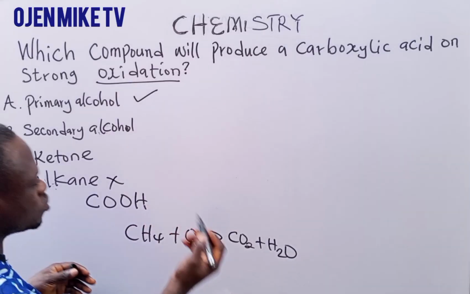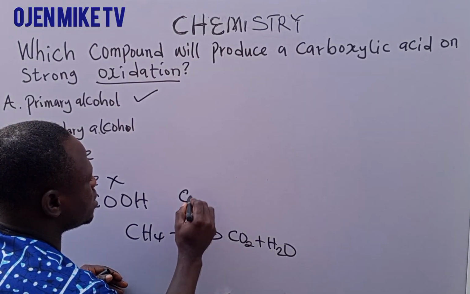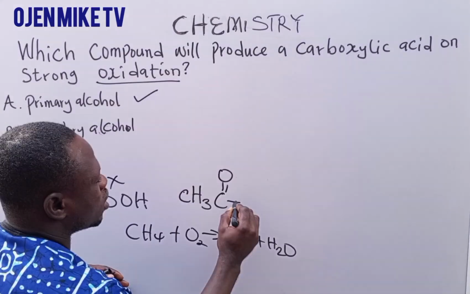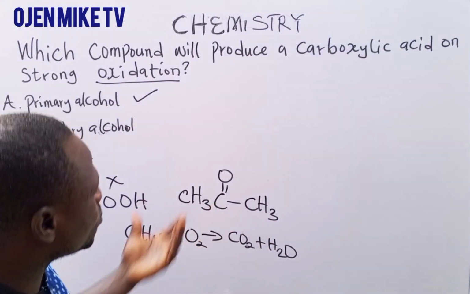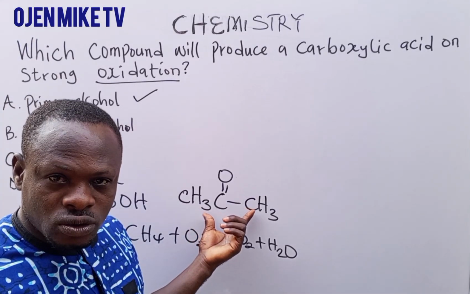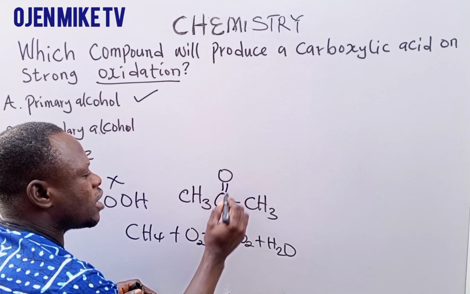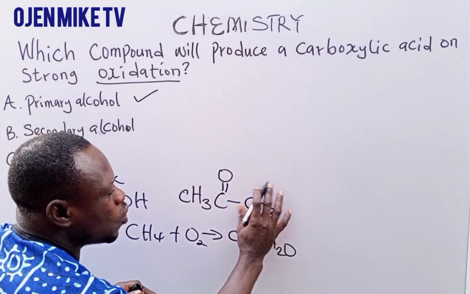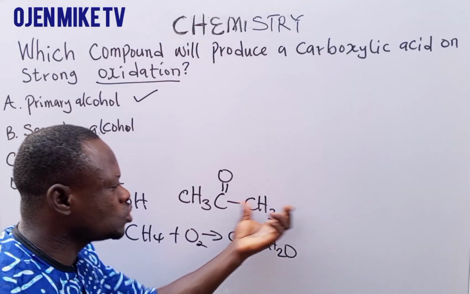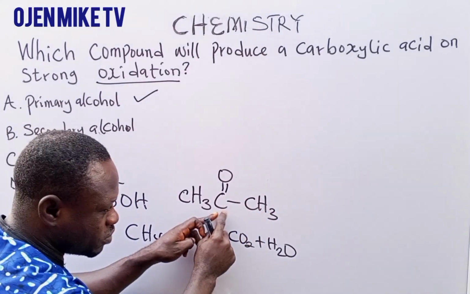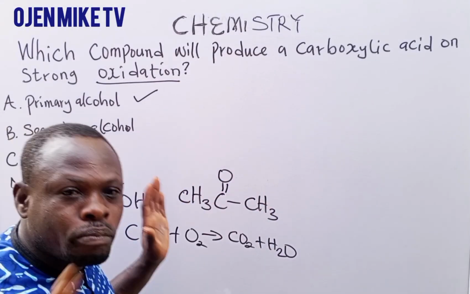Come to ketone. Let's look at the formula of ketone. Ketone can be, let's just say, propanone: CH3COCH3. This is a typical example of a ketone. Here there is no hydrogen to remove from this chain, and no way we can add oxygen, because this one is already complete.